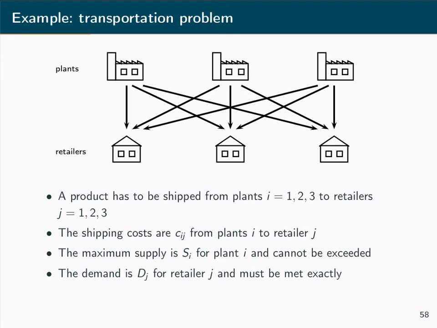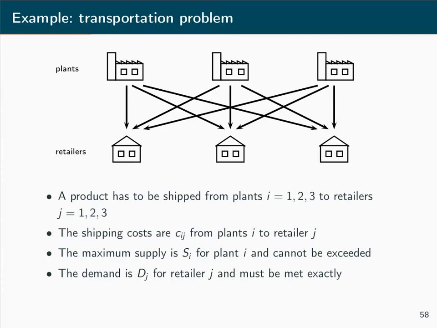For an example, let's look at a small case study of a transportation problem. In this transportation problem, we suppose that we have a total of 3 plants which produce products that are then shipped to retailers where these products are sold to customers.